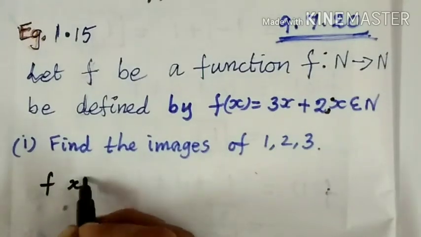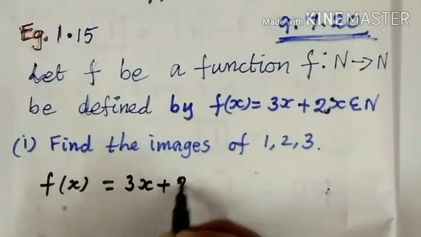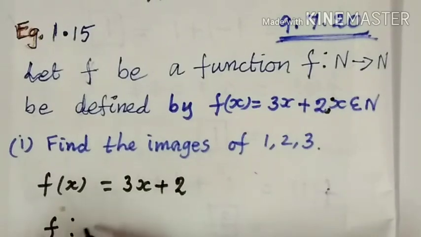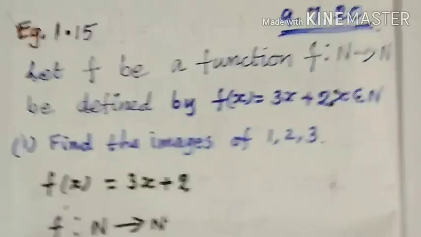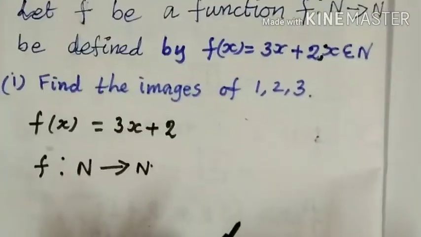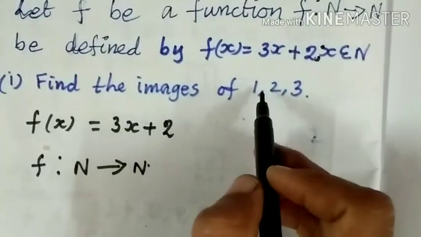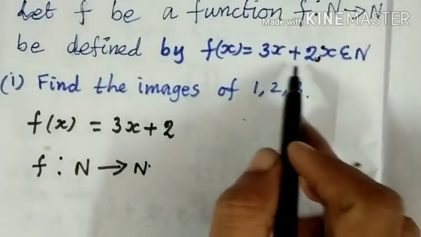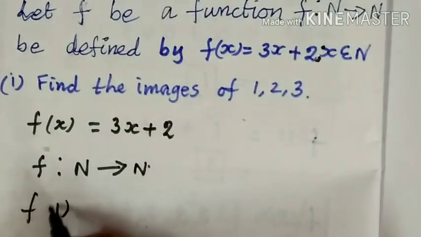So here first you take down and write the given: f of x equal to 3x plus 2, a function from natural to natural. In this question we have to find the images of 1, 2, 3. So that means this given belongs to the x coordinate.